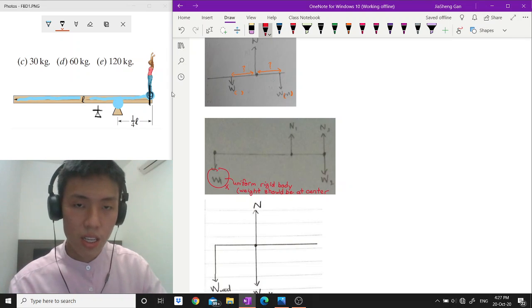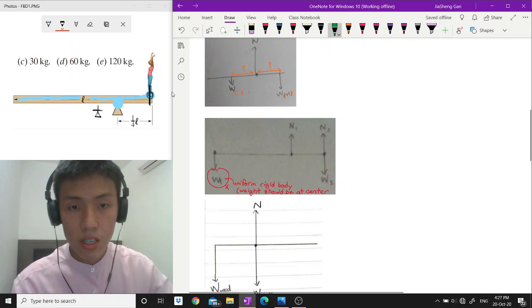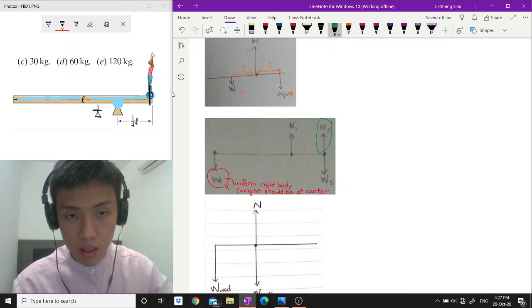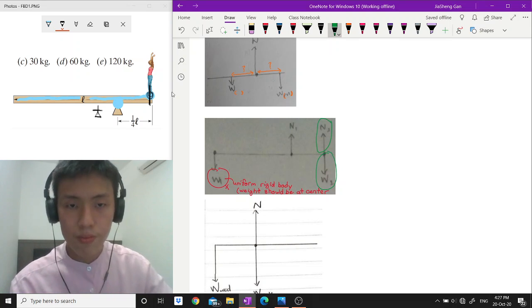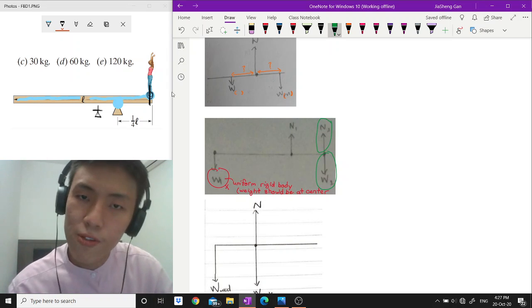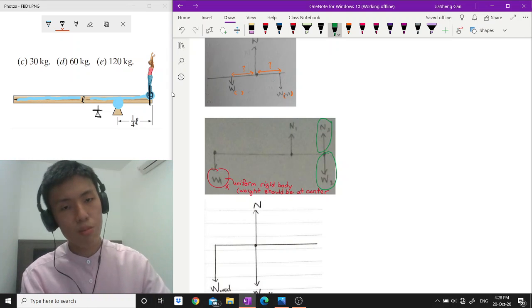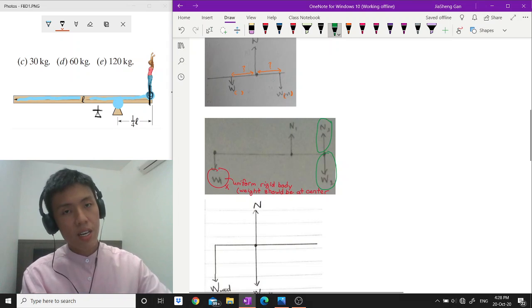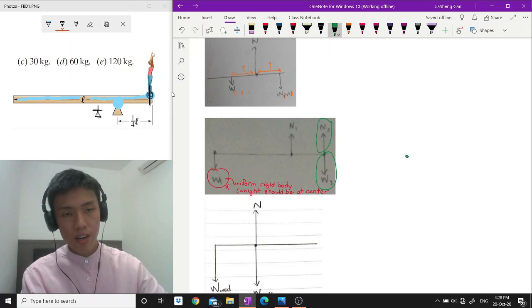Then the second thing that I notice is for here you have N and you have weight. I'm not sure, but I see a few students that write it like this. I'm not sure why they write like this. First thing is, if you draw the free body diagram for the person, there's only the normal force exerted by the plank on the human.